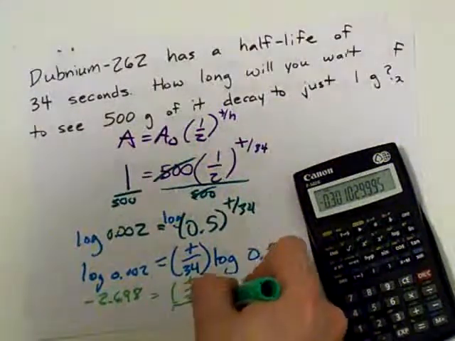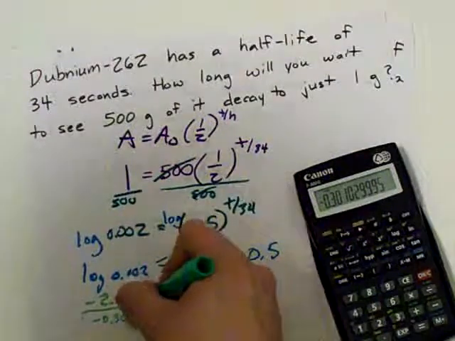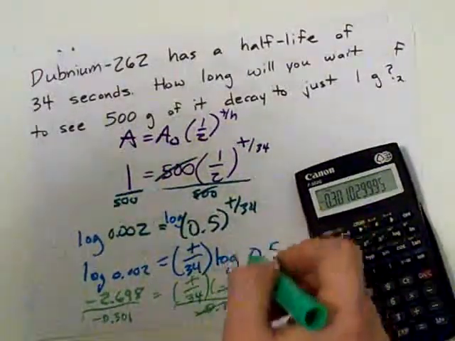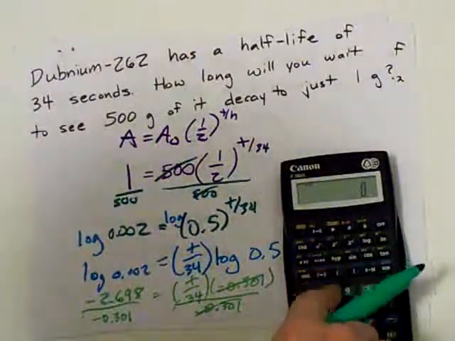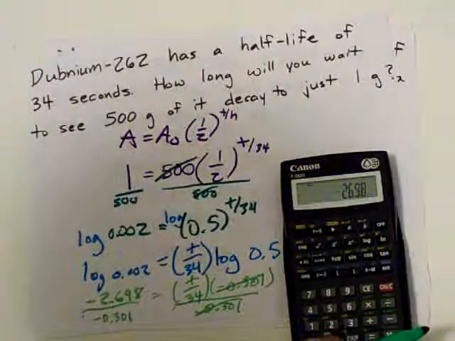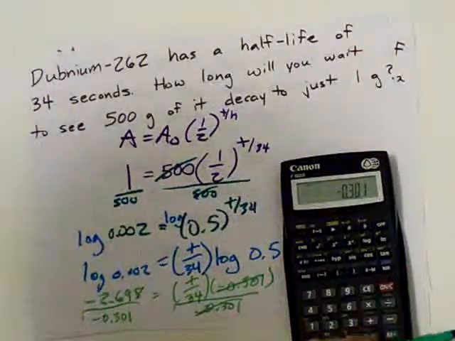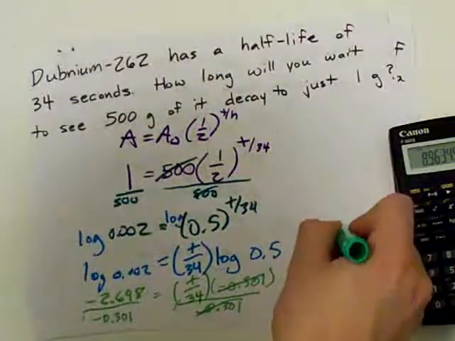Solve for t by dividing both sides by negative 0.301. These cancel each other out. You end up with 2.698 divided by 0.301, which gives me 8.96.